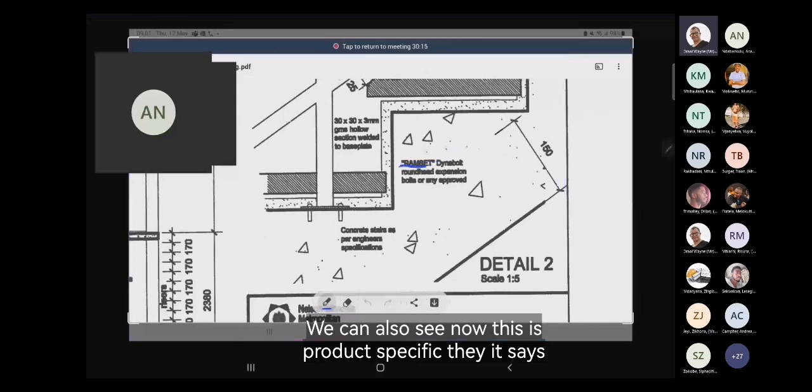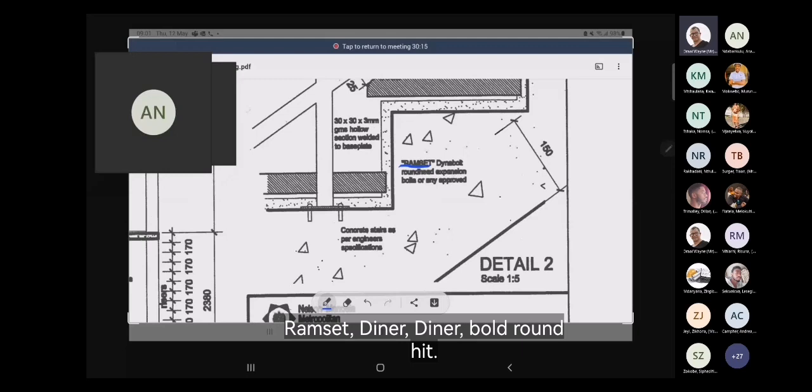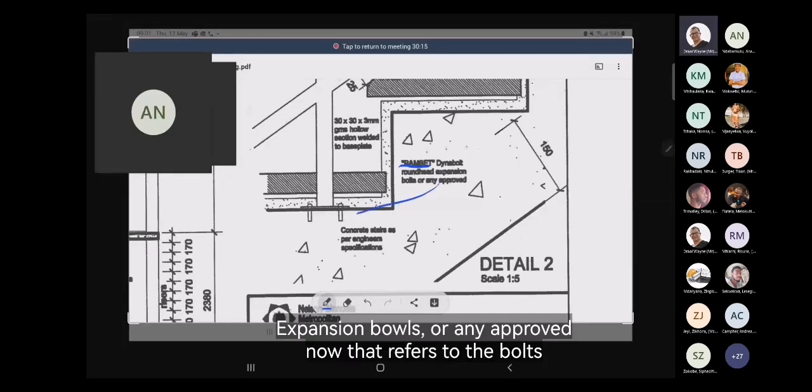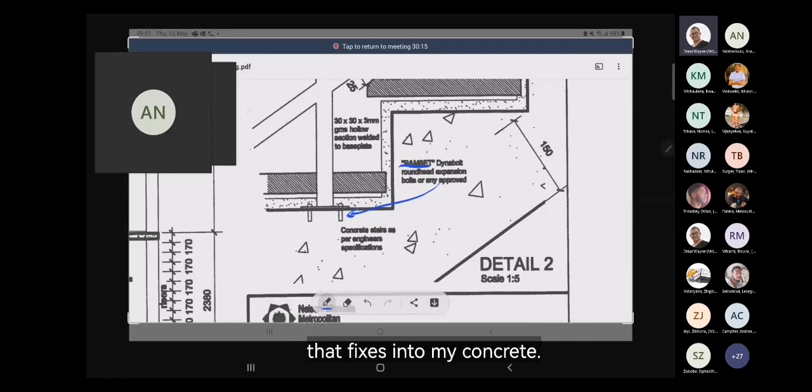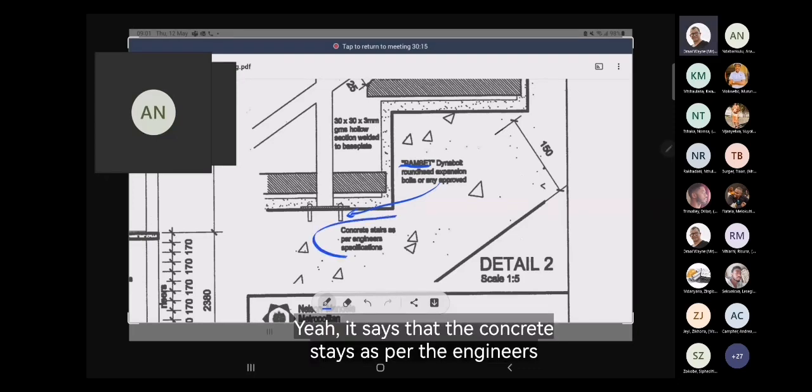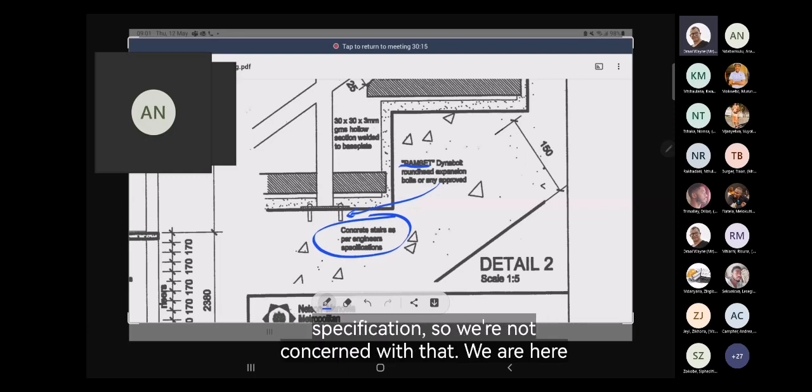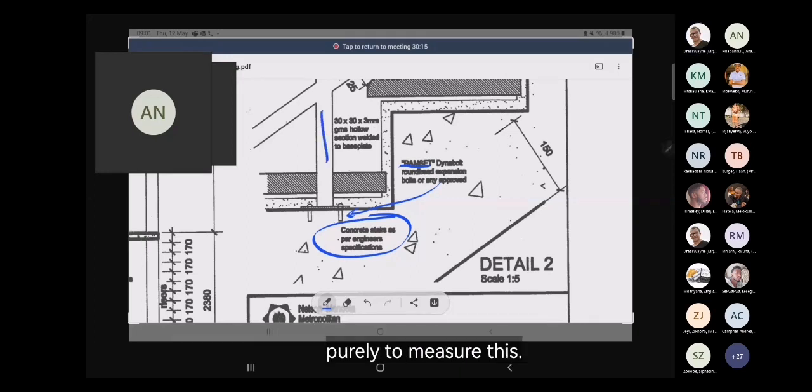There it says Ramset Dynabolt round head expansion bolts or any approved. And that refers to the bolts that fixes into my concrete. And here it says that the concrete stairs are as per the engineer's specification. So we're not concerned with that. We are here purely to measure these handrails of stairs. That's what we have there.